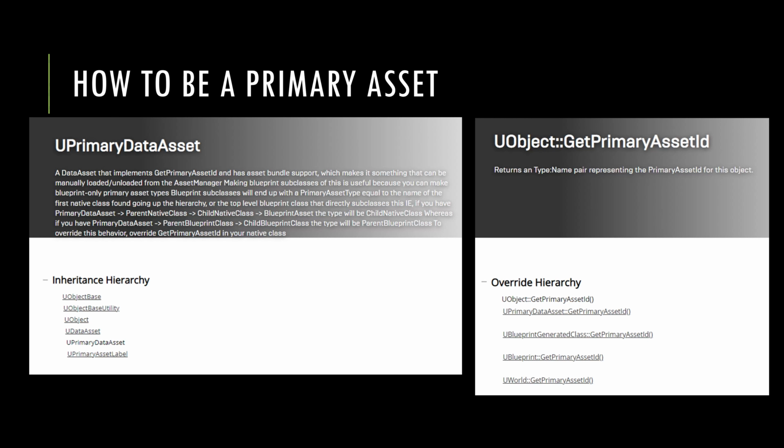Instead, you're able to override the GetPrimaryAssetId function. Every UObject, which is the fundamental root of all of Unreal, everything eventually starts from a UObject, has this function called GetPrimaryAssetId. That function is not exposed to Blueprint, so it is a C++ function, but you can basically override GetPrimaryAssetId and set your actors to have their own primary asset IDs.